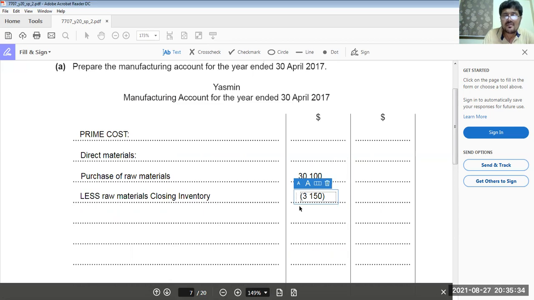Then we put a line, and this is direct materials. Direct materials is how much? 30,000 minus 3,150, 26,950.